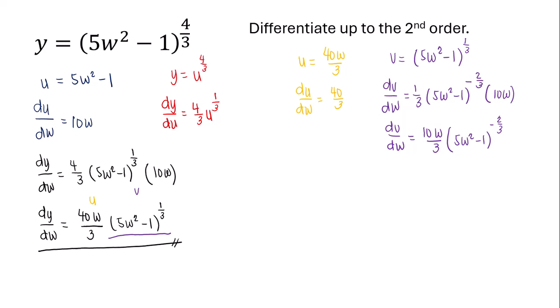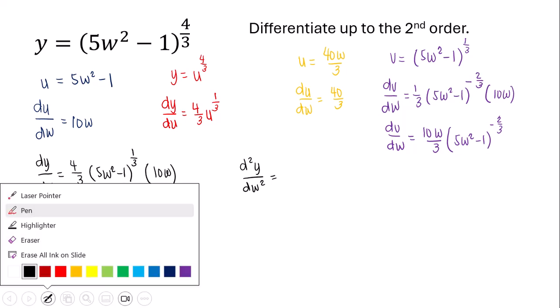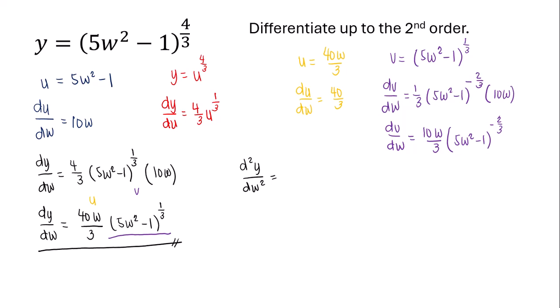So taking the second derivative, which is d squared y over dw squared, our u is 40w over 3. Let me write this in ink in case you will be wondering where it's coming from.